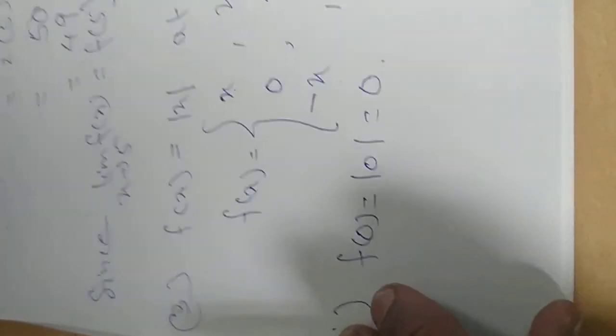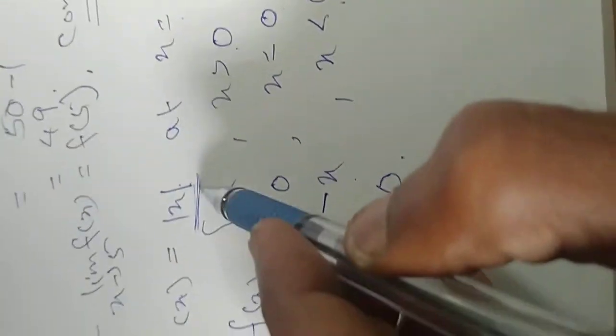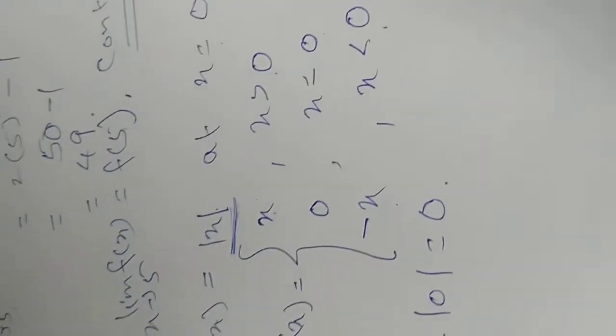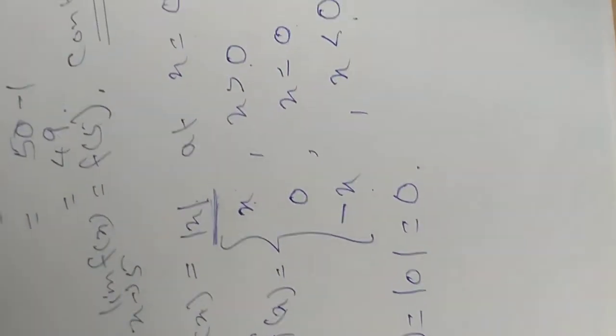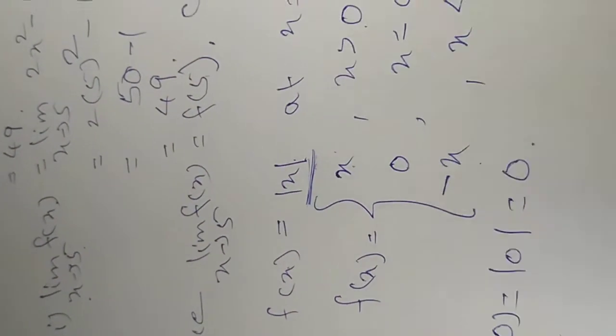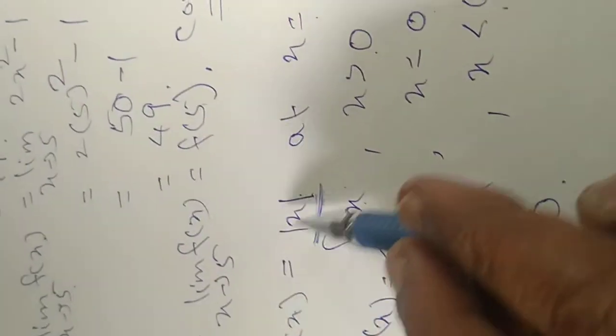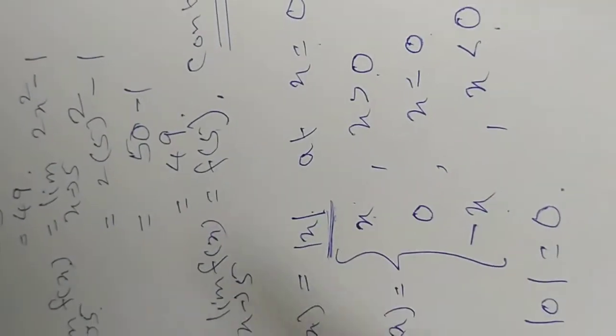Then I need to find the limit of this function. Remember, if I want to find the limit of this function, then compulsorily I have to apply the LHL and RHL on the limit only. Why? Because this is a modulus function.